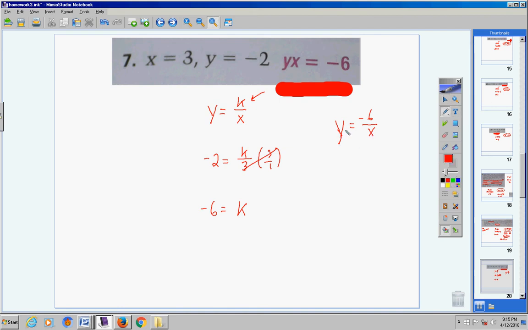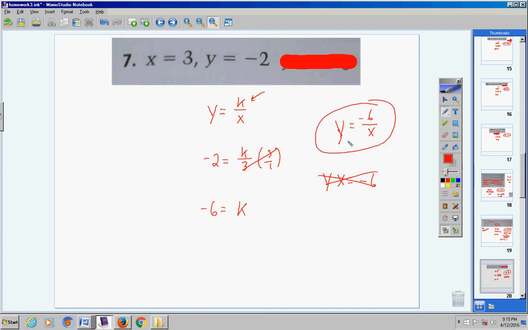So x times y is yx. And negative 6 over x times x is negative 6. So our answer here is the exact same answer as they have. It's identical. But I do want this answer here. Okay, this is the kind of answer I want for your tests and quizzes right here. So there's our inverse variation equation.